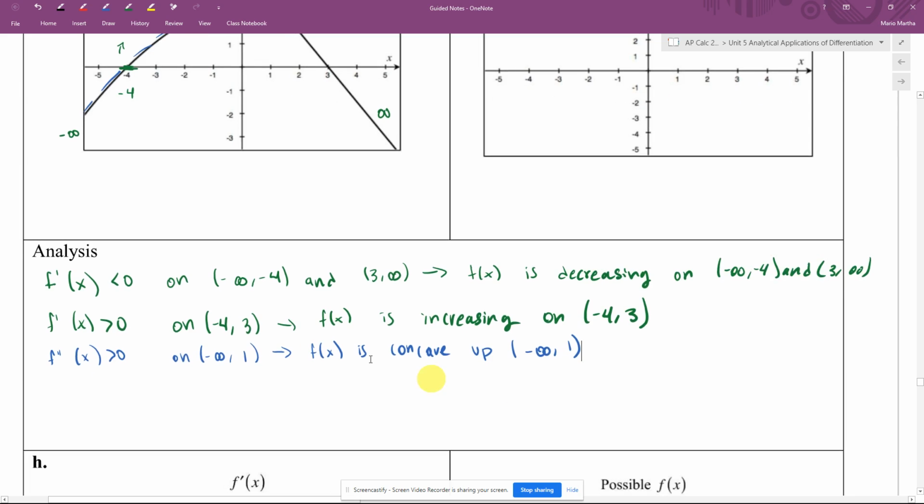And then if we look at when is it negative, so f double prime of x is less than 0 on 1 to positive infinity, meaning that f of x is concave down on that same interval.